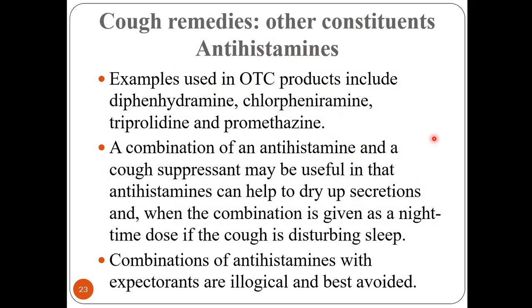A combination of an antihistamine and cough suppressant may be useful in that antihistamines can help to dry up the secretions, and when the combination is given as a nighttime dose, if the cough is disrupting sleep. We talked already about this in the previous lecture.